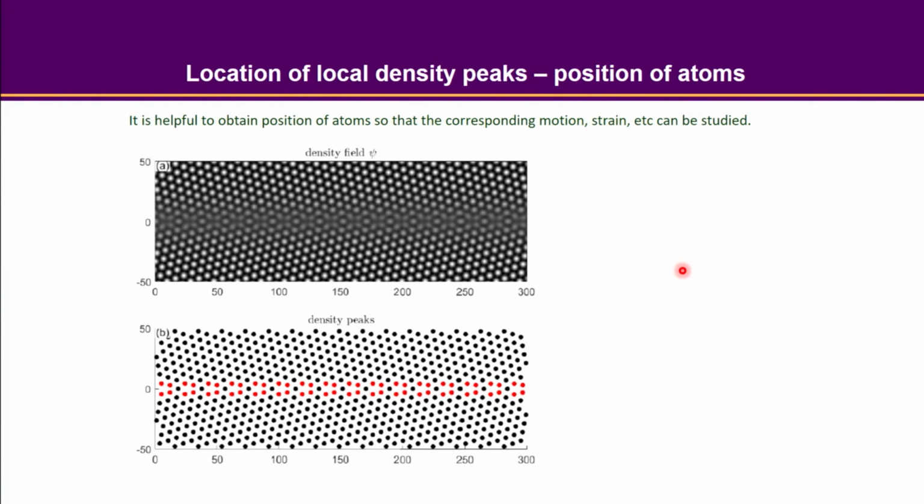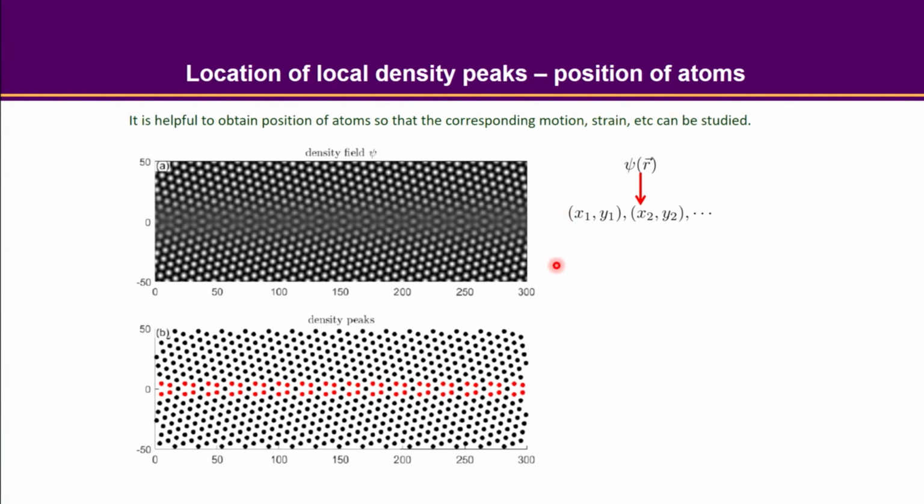So for all that, you will need to know how to determine accurately the position of each atom. So from this density field, how can you get from this psi to this discrete information saying that there's one atom sits at x1, y1, and there's the other atom at a different location, etc.? Right? So that's basically what I'm going to show you how to do.